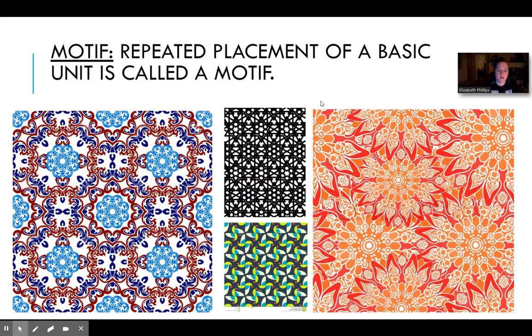All right, motif. Repeated placement of a basic unit is called a motif. The reason motif is slightly different is because it's a concise unit altogether of repeating patterns. Think of a backsplash in a bathroom tile, or the backsplash of a kitchen behind your sink.